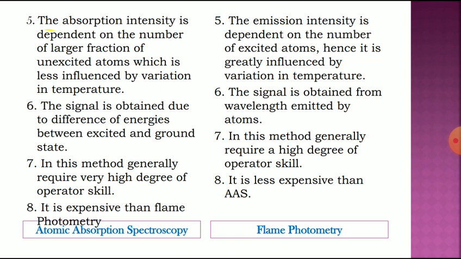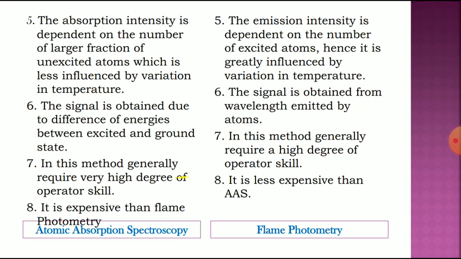Fifth difference, the absorption intensity is dependent on the number of the larger fraction of unexcited atoms, which is less influenced by variation in temperature. In flame photometry, the signal is due to the difference of energies between the excited and ground state. The signal is obtained from the wavelength emitted by atoms.